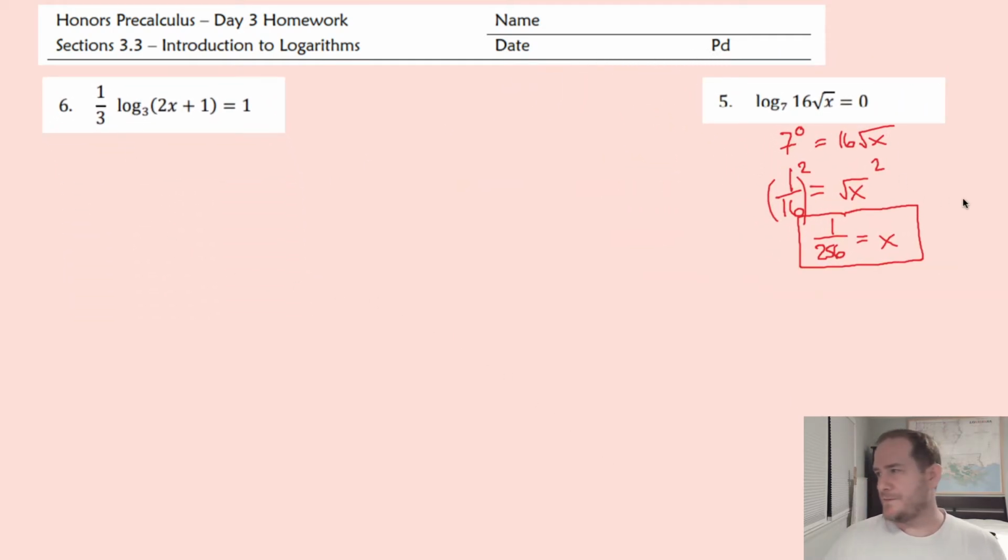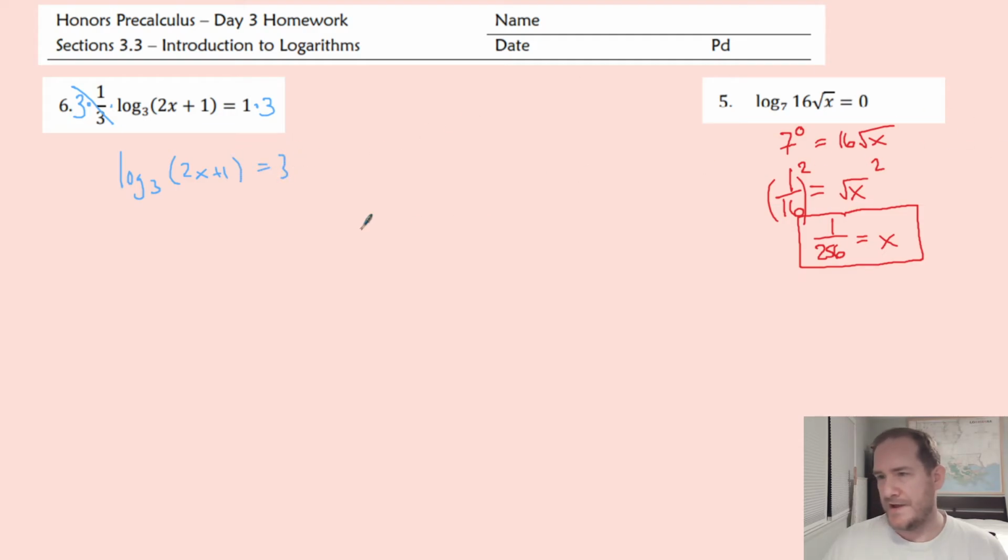Okay, how do you do this? Well, I can't convert to exponential notation immediately because I've got this pesky 1/3 kicking around. So you'll want to clean up the 1/3 first, and you'll do that by just multiplying through by 3. So if you multiply by 3 and you multiply by 3 on the other side, then you'll get these to cancel, and you now have log base 3 of 2x plus 1 equals 3.